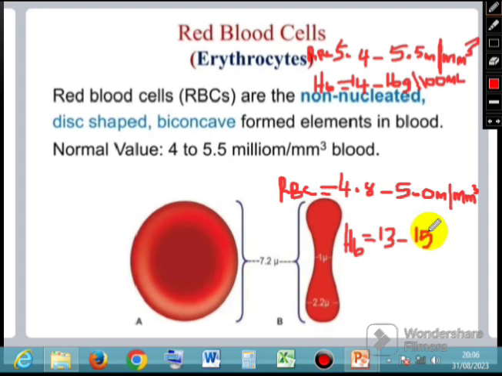But that does not mean that males are more important than females. It doesn't mean that males are very special or more important than females.